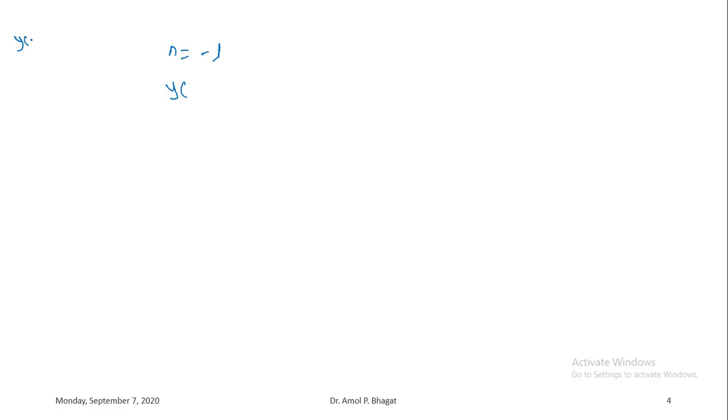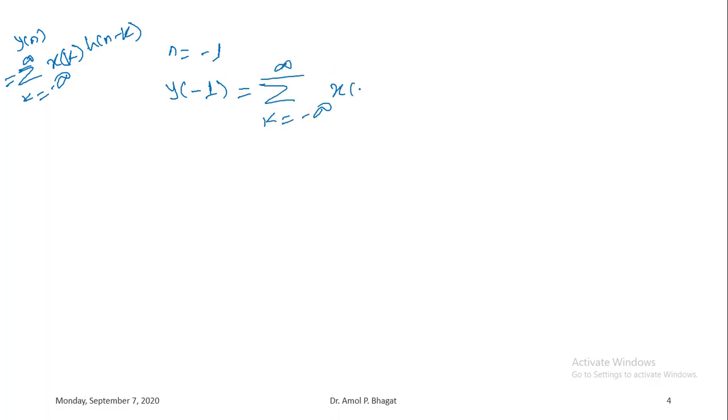The convolution formula: y of n is the summation over k from minus infinity to infinity of x of k into h of n minus k. So for n equals minus 1, you will get y of minus 1 equals the summation over k from minus infinity to infinity of x of k into h of minus 1 minus k.